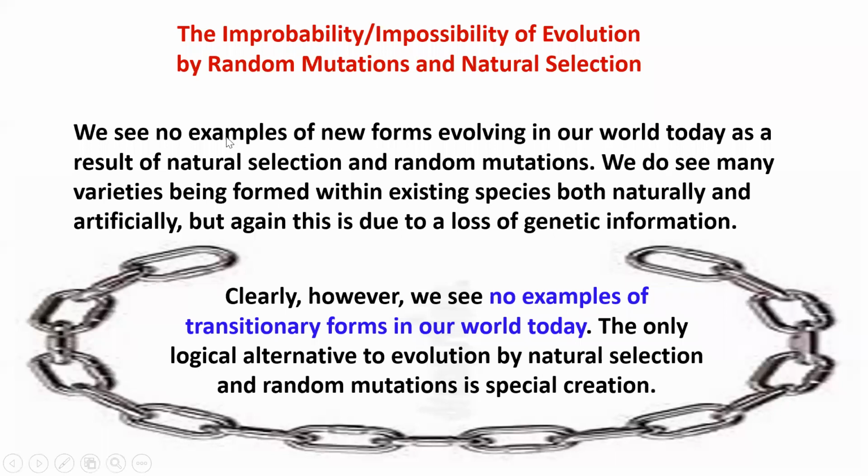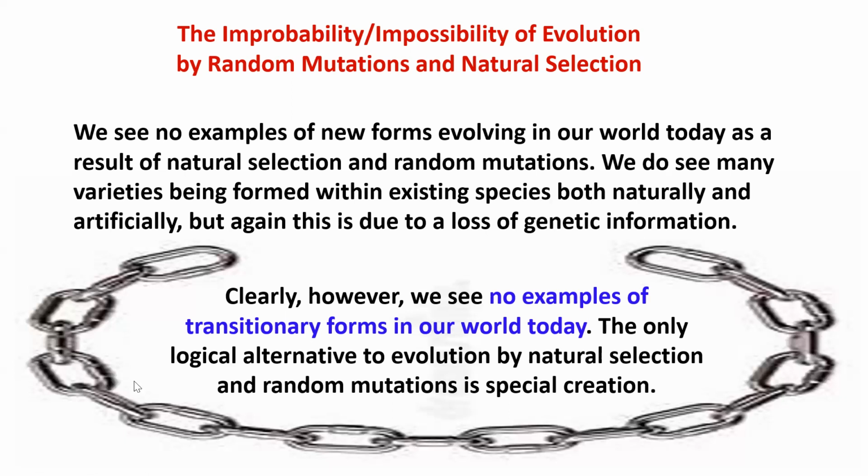So we see no examples of new forms evolving in our world today as a result of natural selection and random mutations. We do see many varieties being formed within existing species, both naturally and artificially. But again, this is due to a loss of genetic information.